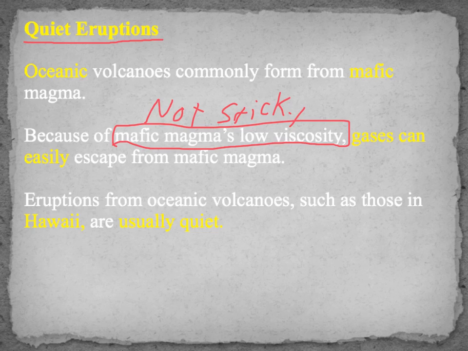And this is what we're seeing from oceanic volcanoes, like the volcanoes that make up Hawaii, or the volcanoes at the mid-ocean ridges. They come from mafic. So mid-ocean ridges and hot spots like Hawaii.